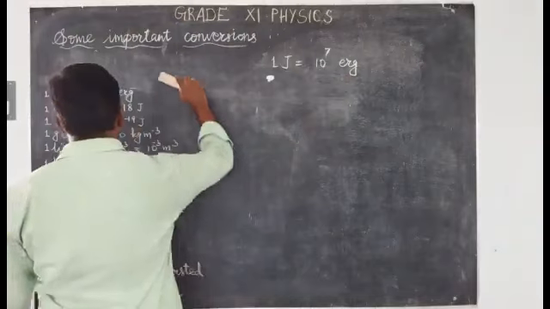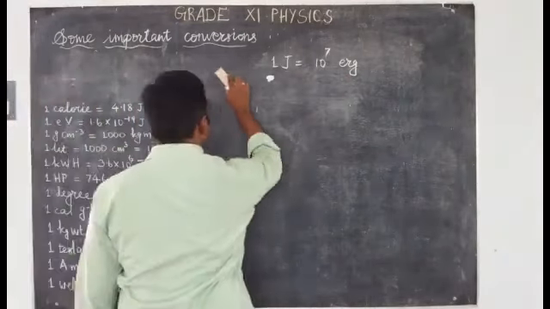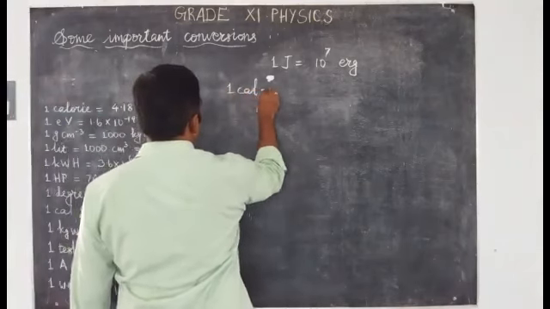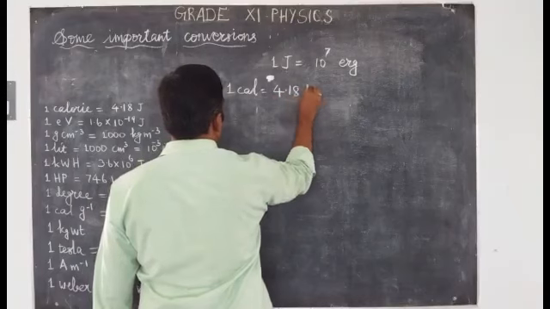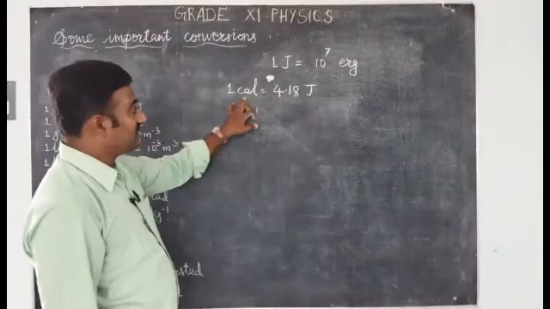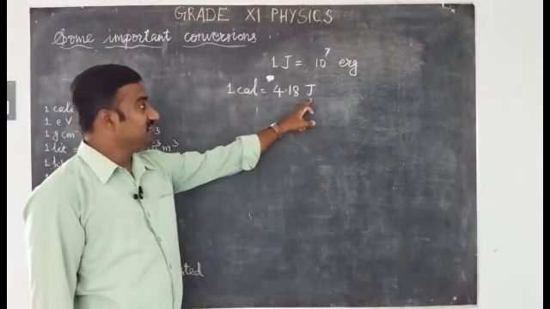Okay. Then calorie. We know 1 calorie is equal to how many joules? 4.18 joule. Here also we converted, because calorie is another unit, but the SI unit for energy is only the joule.